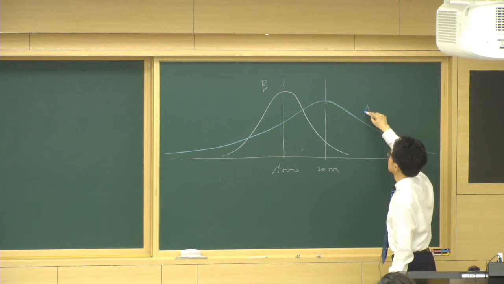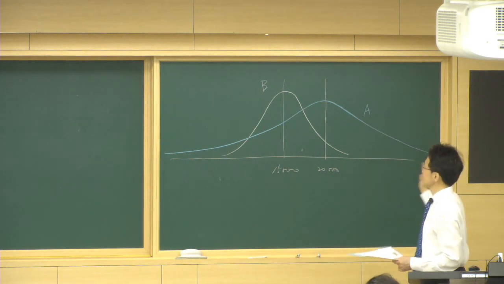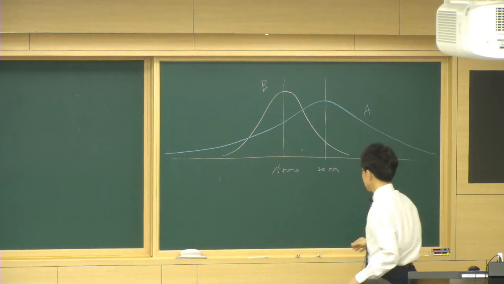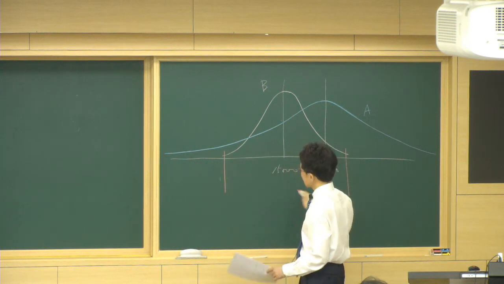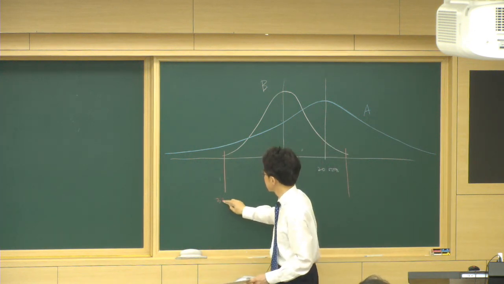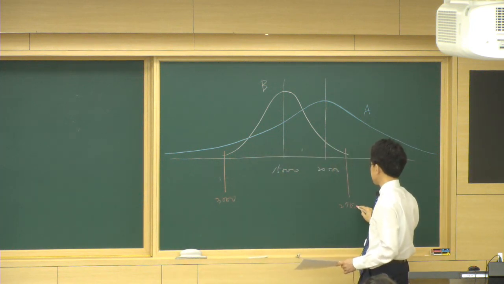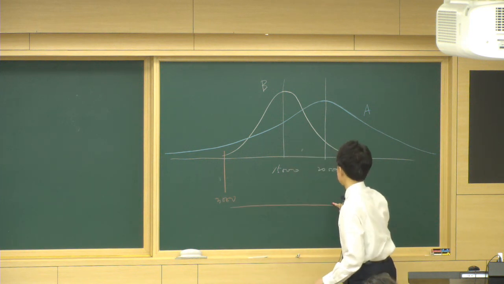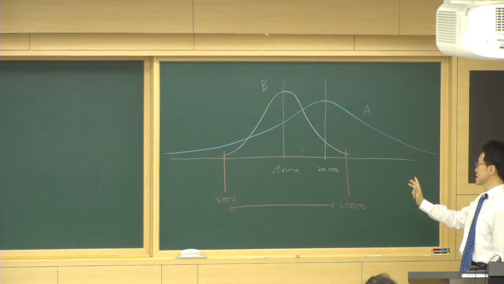This is A. So if I have some sort of a 99% confidence interval, what happens for project B is the 99% confidence interval is, let's say, this is 3,000 and this is 27,000. So the project B, 99% confidence interval is probably between 3,000 and 27,000.